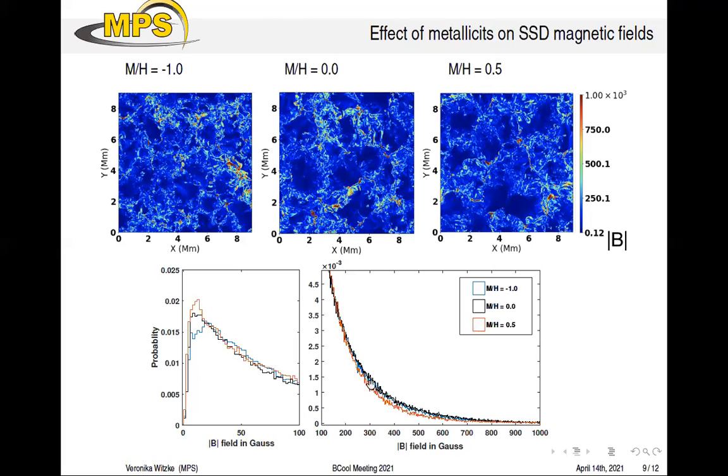The tail of the distribution also shows that we have much less of the large magnetic fields in the higher metallicity star.